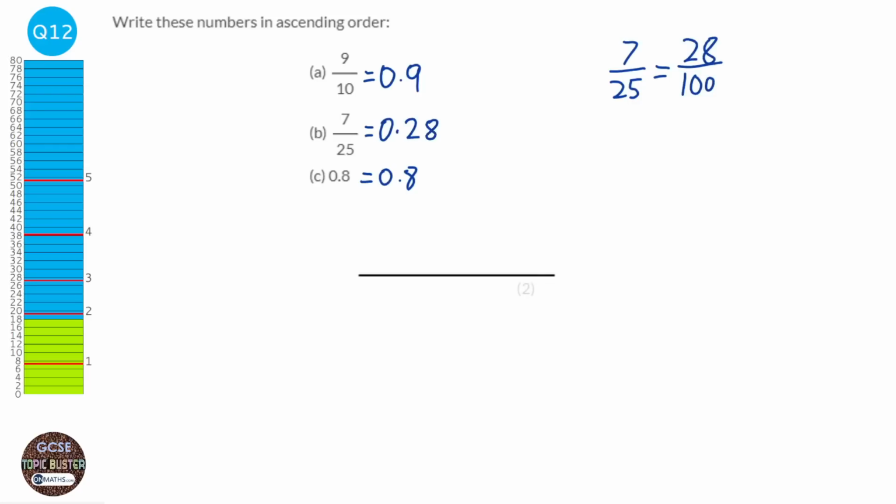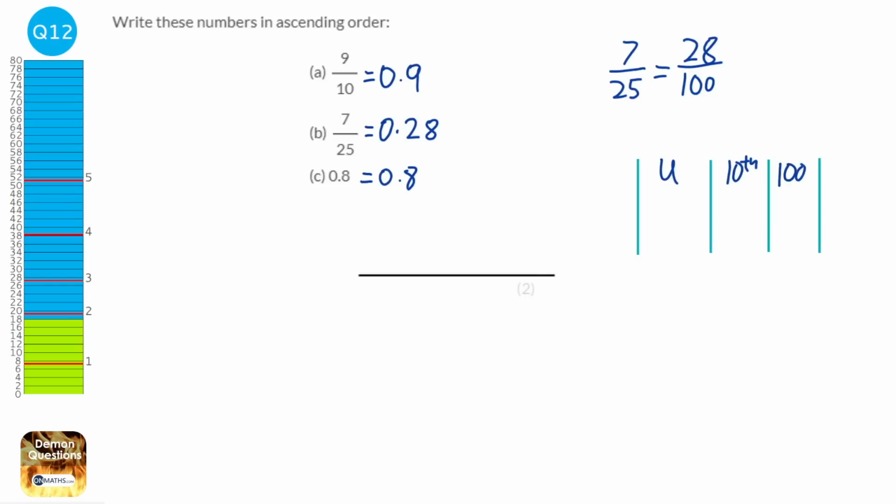Next thing we're going to do is draw a little place value table. And so we've got units here, tenths and hundredths. So we've got 0.9, 0.28 and 0.8.